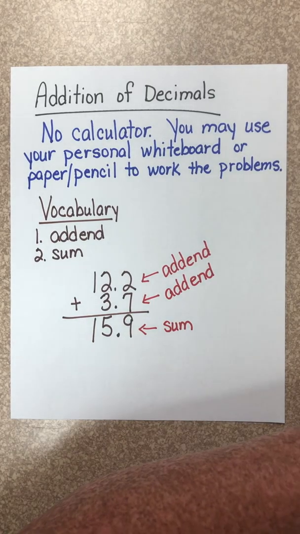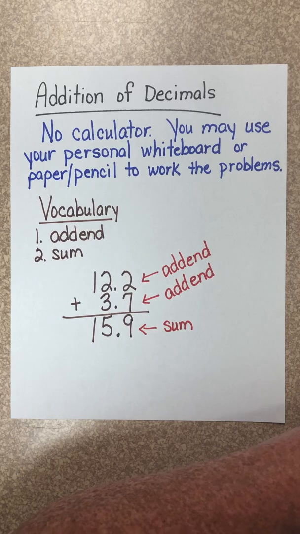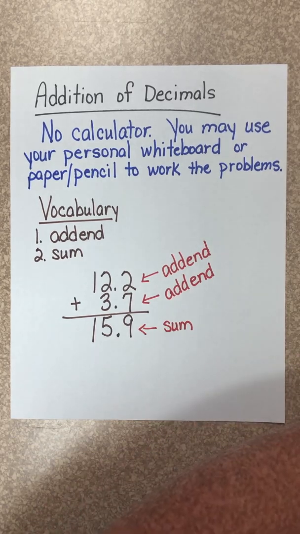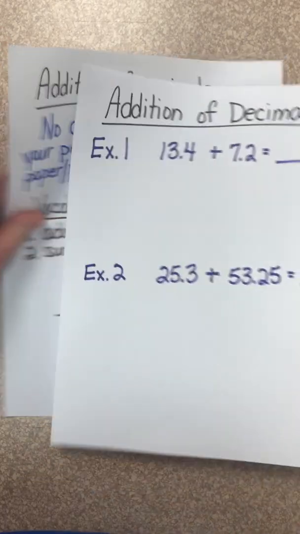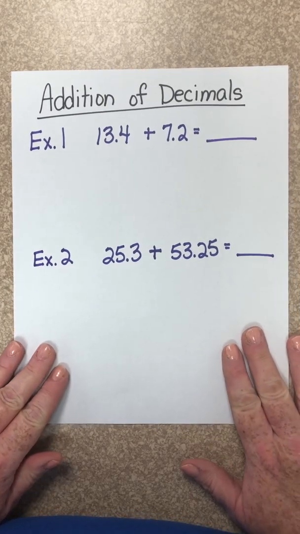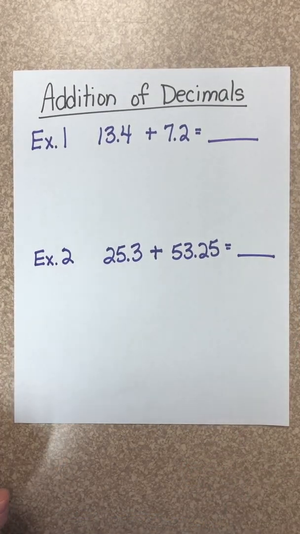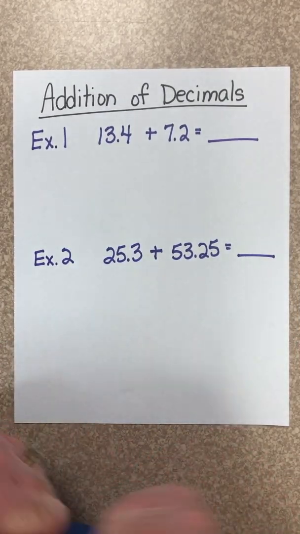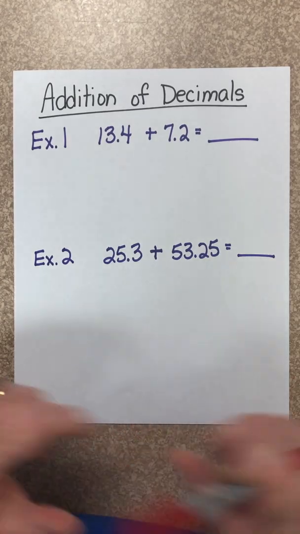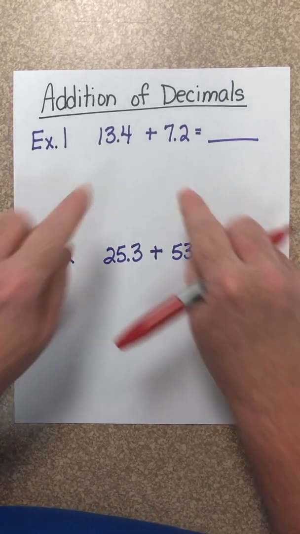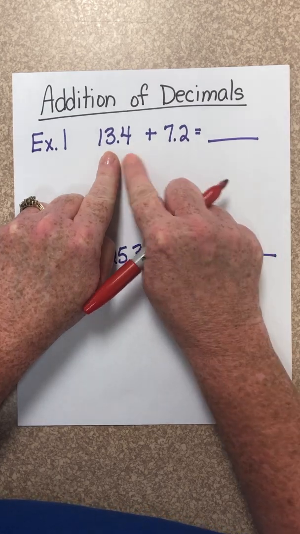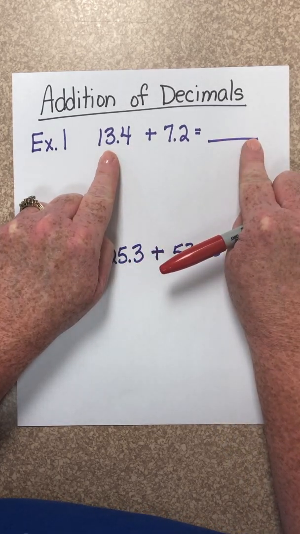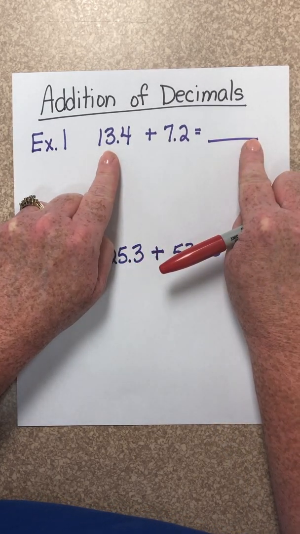Now let's look at a couple examples. Example number 1 of addition of decimals. Notice that I have written this problem horizontally, but we're going to rewrite it vertically.